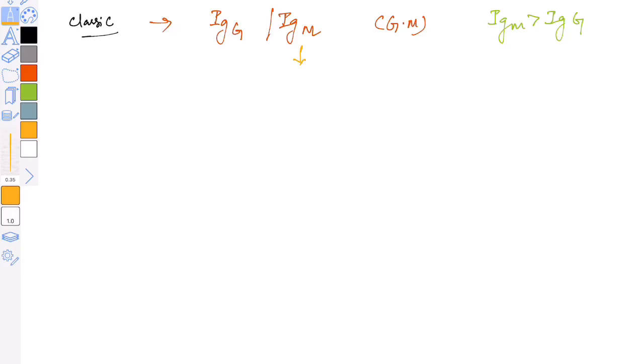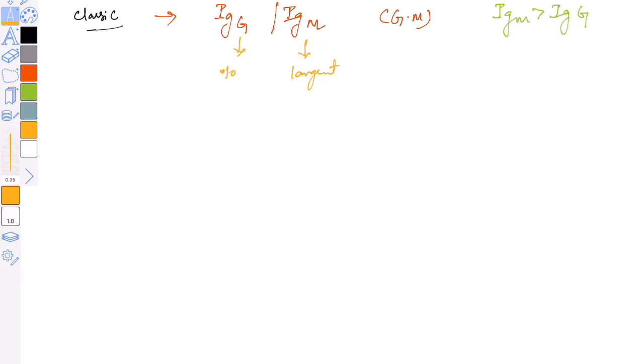IgM is the largest among all the immunoglobulins, and IgG occupies the maximum concentration among the immunoglobulins. Okay, maximum concentration is IgG and size is larger in IgM. So both IgG and IgM, that is General Manager is classic, are mainly concerned with the classic complement system pathway.